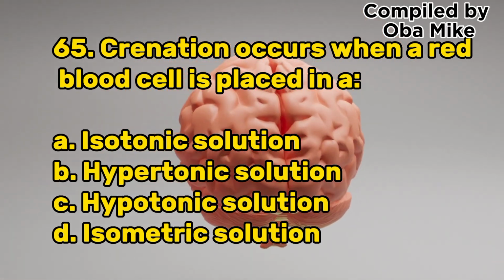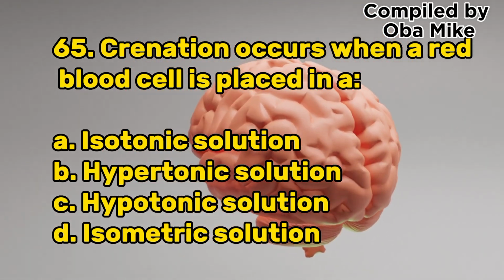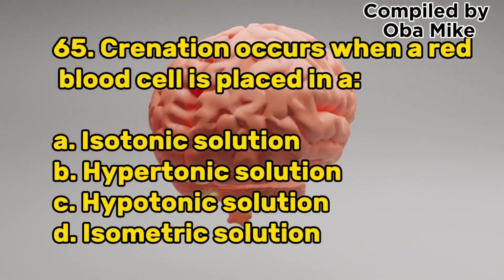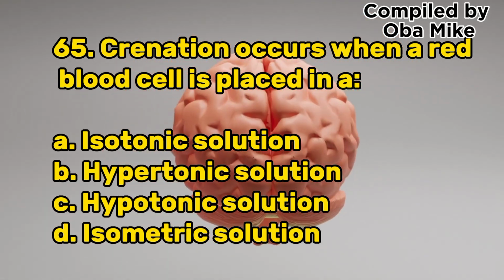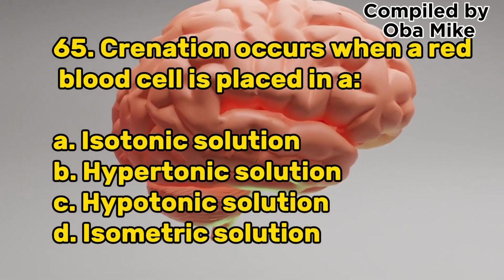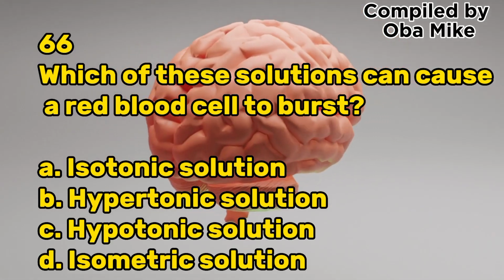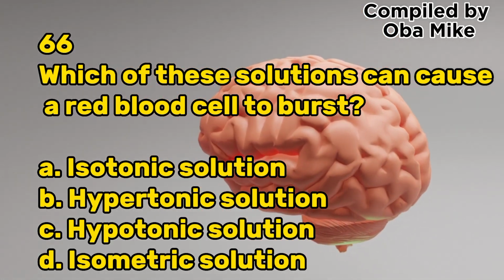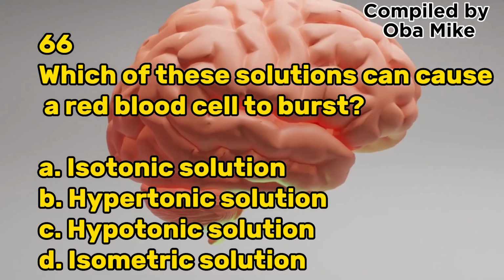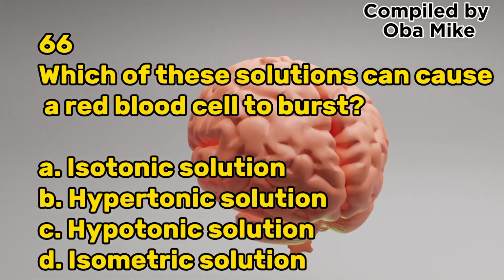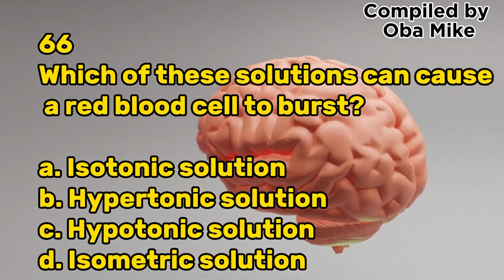Crenation occurs when a red blood cell is placed in A. Isotonic solution, B. Hypertonic solution, C. Hypotonic solution, D. Isometric solution. 66. Which of these solutions can cause a red blood cell to burst? A. Isotonic solution, B. Hypertonic solution, C. Hypotonic solution, D. Isometric solution.